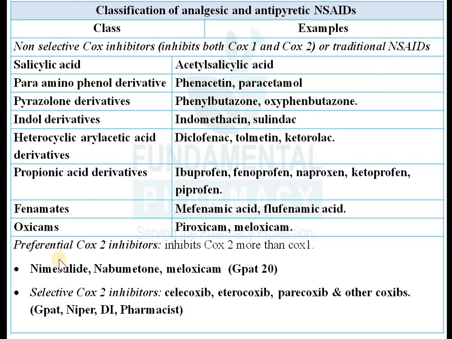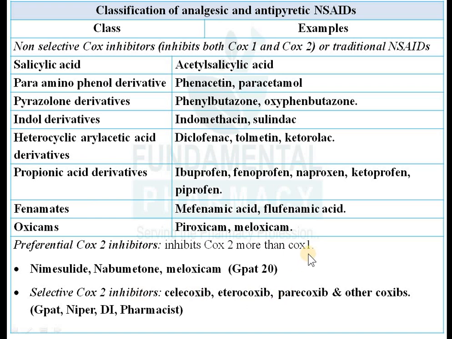Now the next class is preferential COX-2 inhibitors. They will inhibit COX-2 more than COX-1. तो ऐसा नहीं कि सिर्फ COX-2 को ही इनहिबिट करेंगे, COX-1 को भी करेंगे, लेकिन प्रेफरेंस COX-2 को रहेगा. Those are nimesulide, nabumetone and meloxicam. यह GPAT 20 में पूछा था.